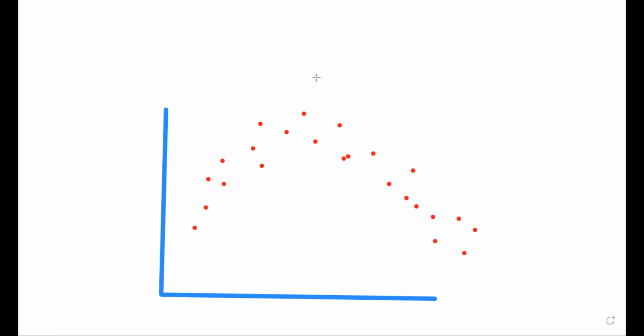For example, we can divide this into two parts: on the left-hand side are positive residuals, and on the right-hand side are negative residuals.